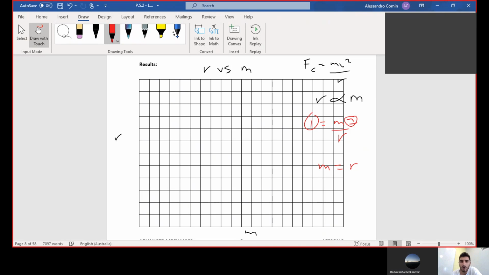That's why we say R is proportional to M. As R increases, mass increases.